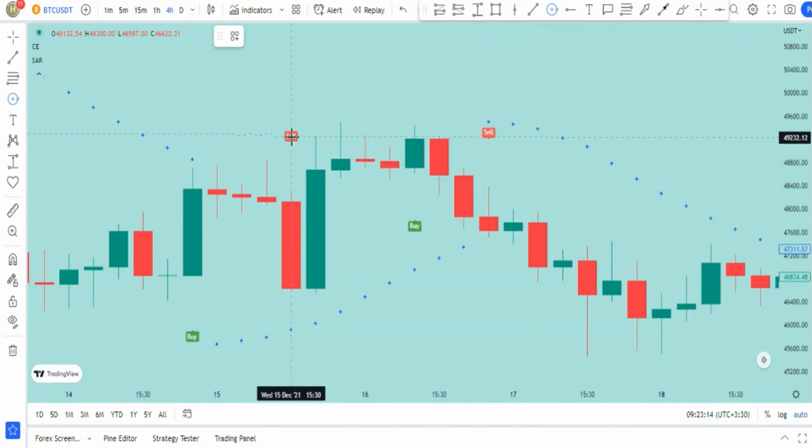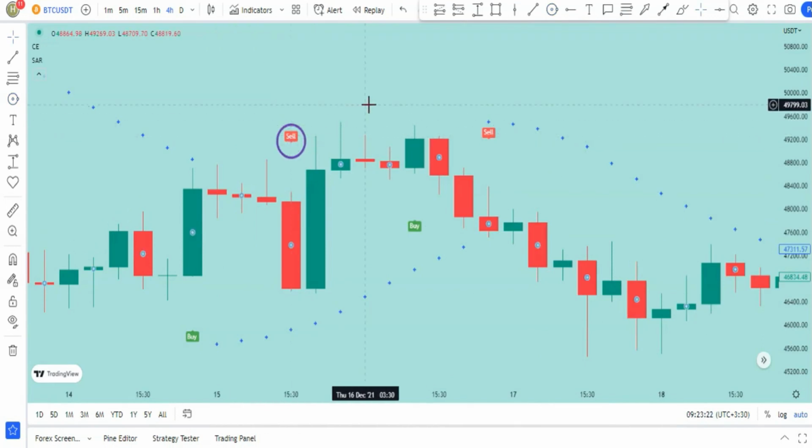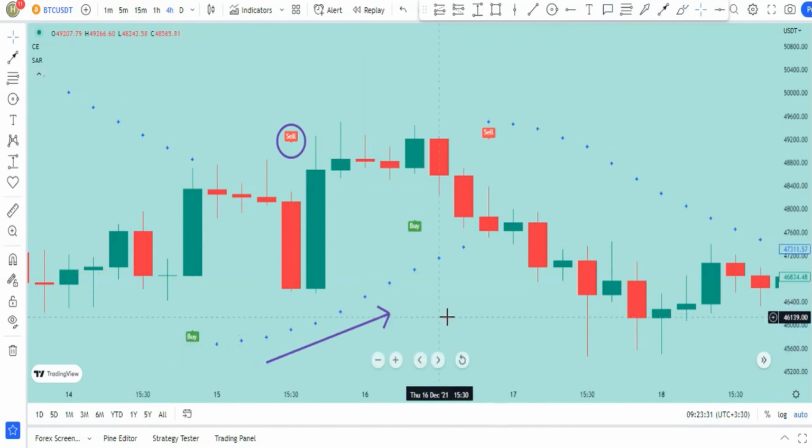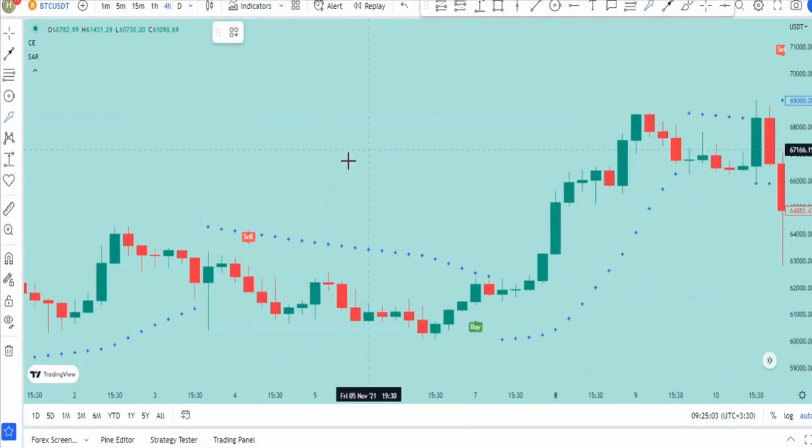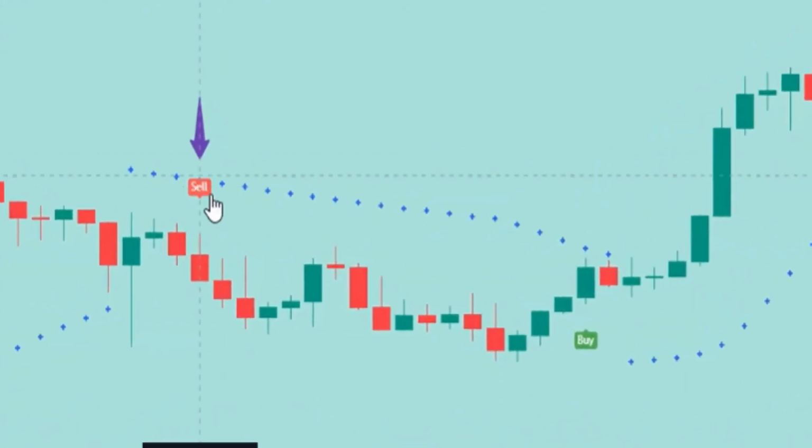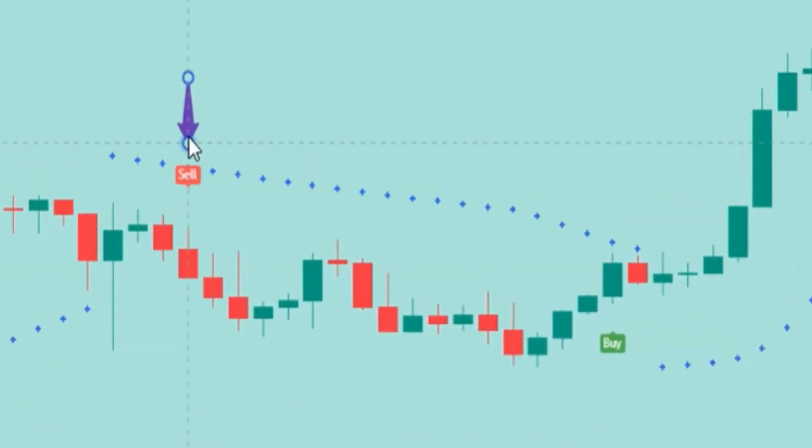For example, there's a sell signal here, but since the signal was issued at a time when the parabolic dots are below the candles, it is therefore invalid. And this sell signal is also invalid because it was issued after 4 dots.